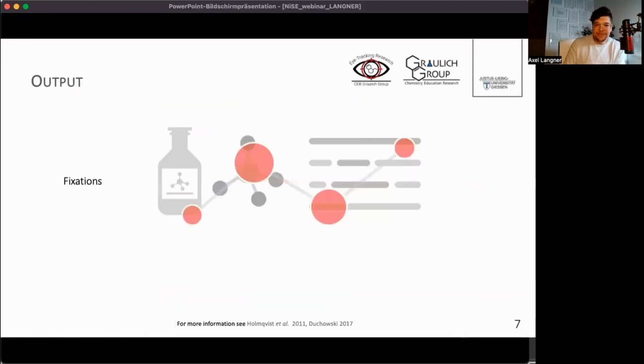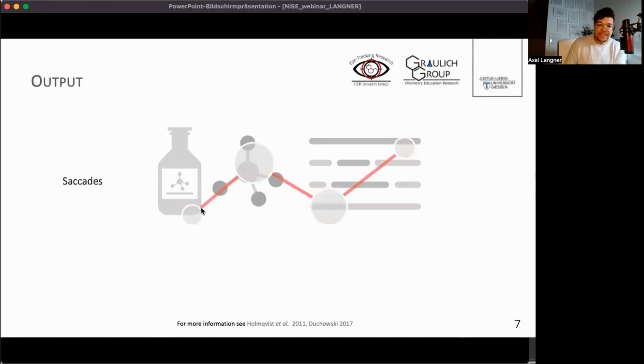And what you get out of this after you've done the eye tracking measurement is a specific output. One output is the fixations, which are mainly indicated in red dots, and they get bigger if somebody is looking at a specific element for a longer duration.